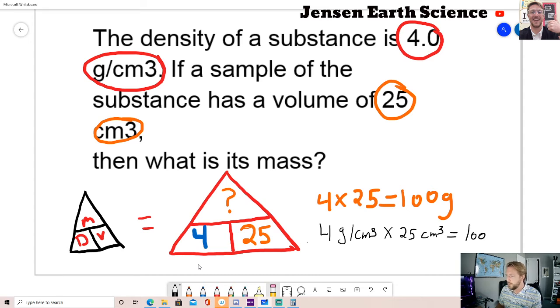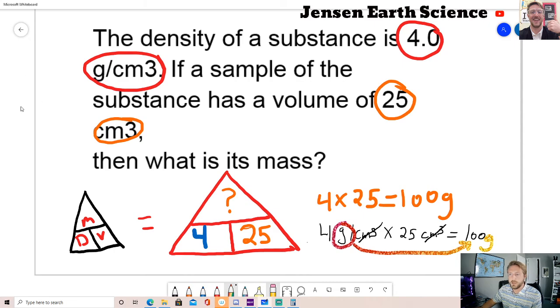So how did I know to put grams? Because here I have centimeters cubed, and here I have centimeters cubed, and if there's one of the same unit on each side of the equation, you can cross those out. So I'm left with here just grams. And I'll bring that over here, and that's why it's specifically 100 grams.